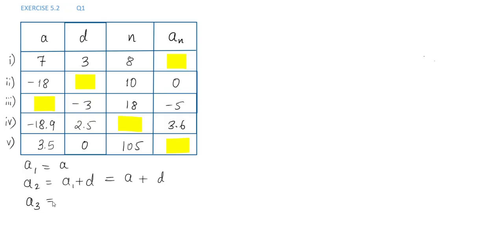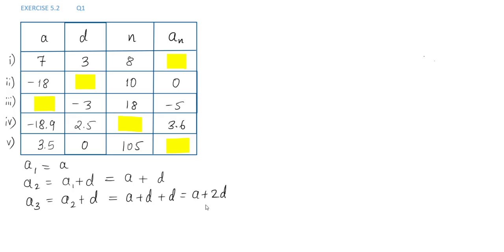Now to get the third term, we have to take the previous term, which is a2, and add the common difference to it. So a2 is a plus d, and we add the common difference to it, so we get a plus 2d.